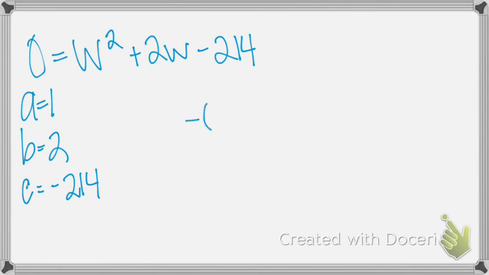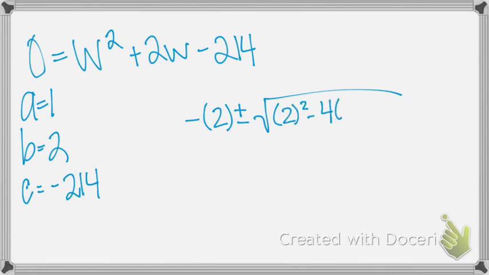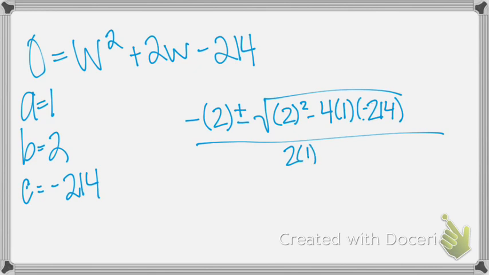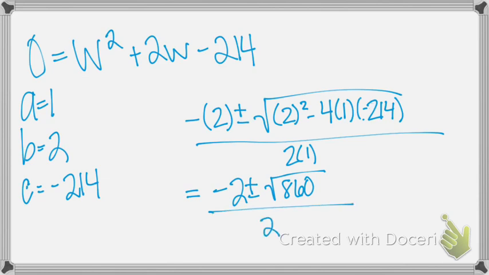So we have negative 2 plus or minus the square root of 2 squared minus 4 times 1 times negative 214, all over 2 times 1. All right, if we simplify, we get negative 2 plus or minus the square root of 860 over 2.